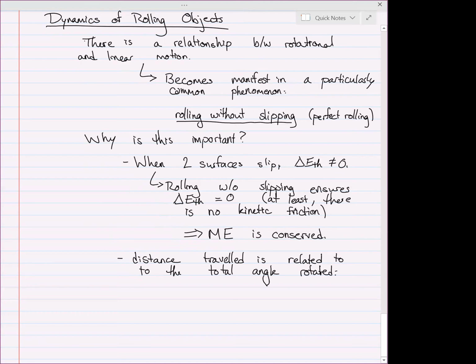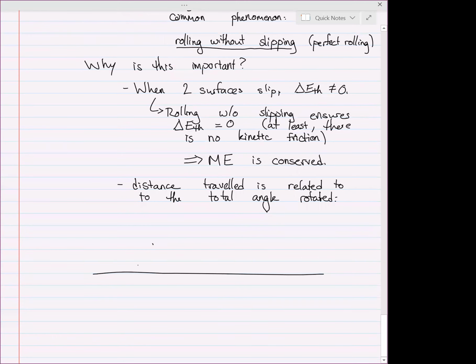What I mean by that is if you have the ground and then a wheel, and then you have that wheel at a later point, if you track a particular position to a later position after it's rotated, the distance that it will have covered, x, is equal to r times the angle it rotated through, theta.